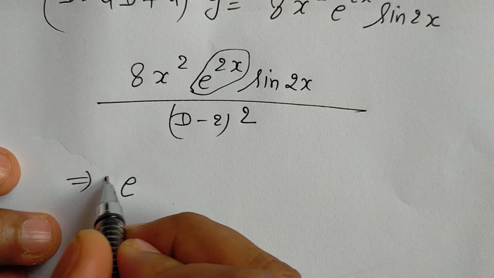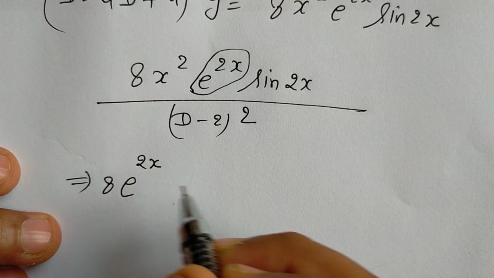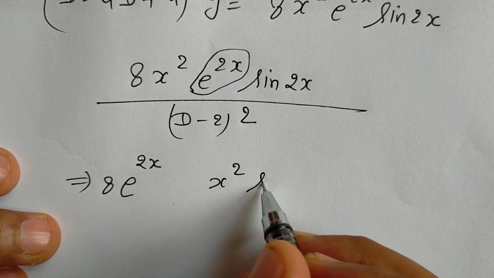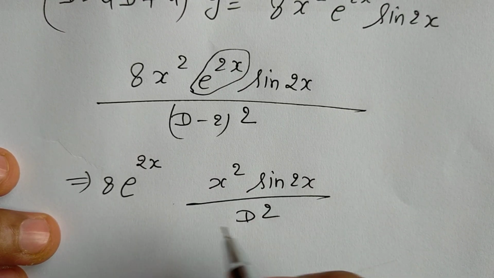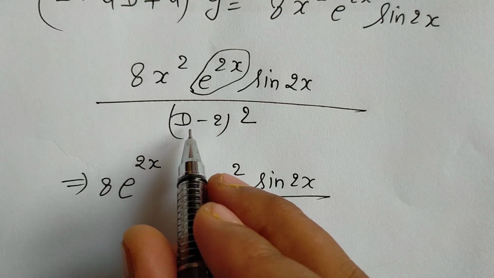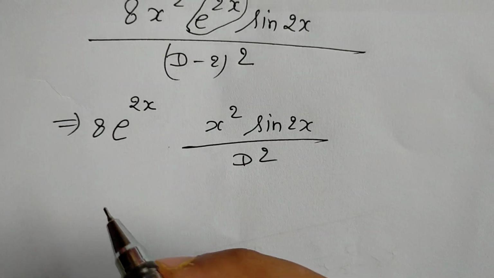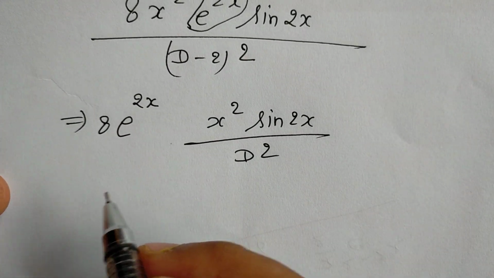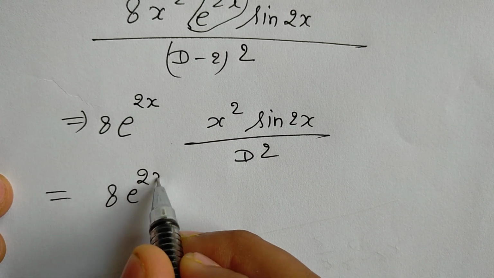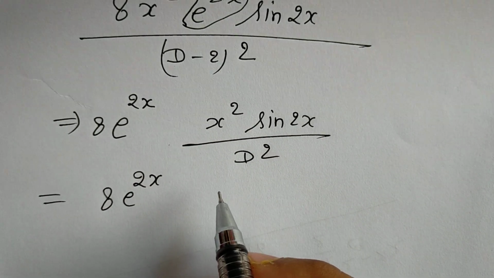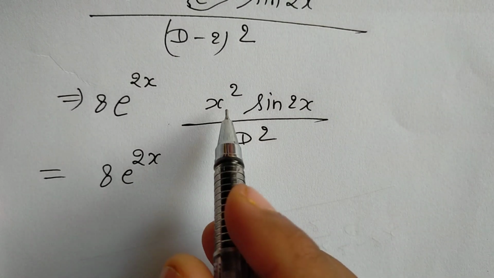So we have 8 e power 2x and x square sin 2x by D square, because D replaced by D plus 2, so D plus 2 minus 2 is equal to only D. So we get 8 e power 2x, and 1 by D square means 2 times integration of this function.